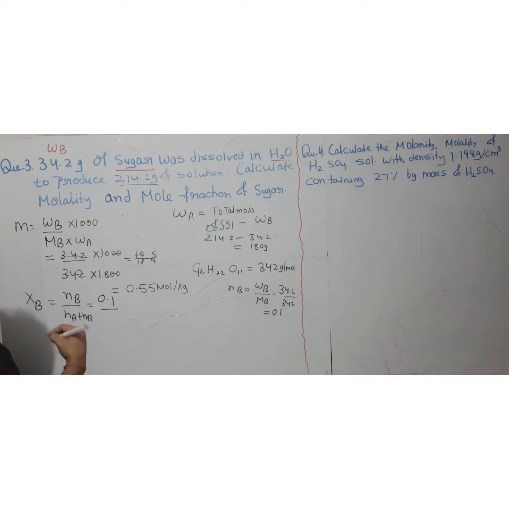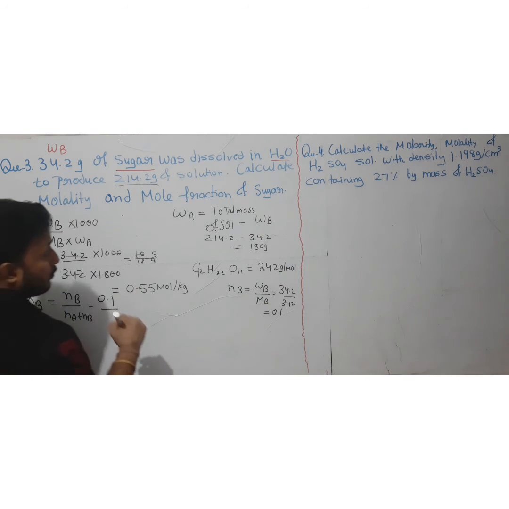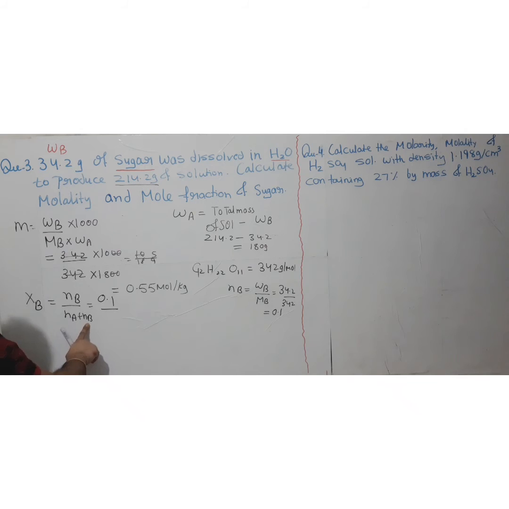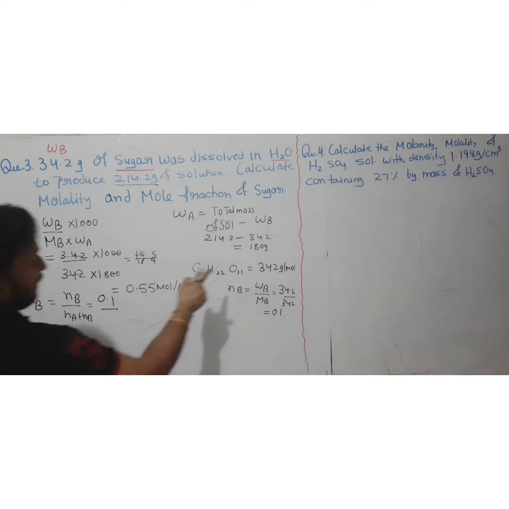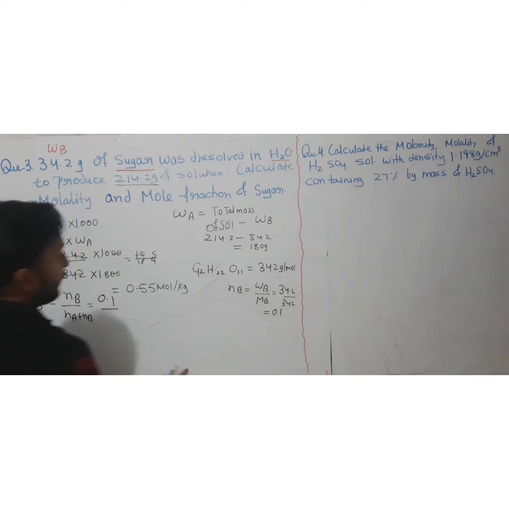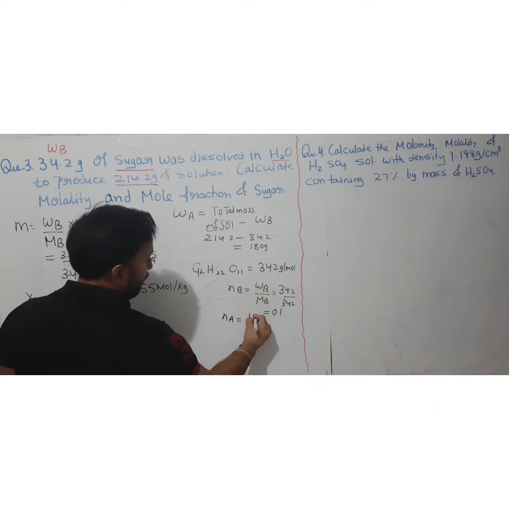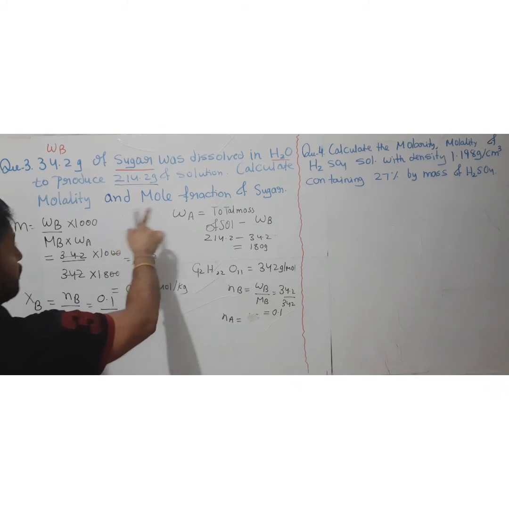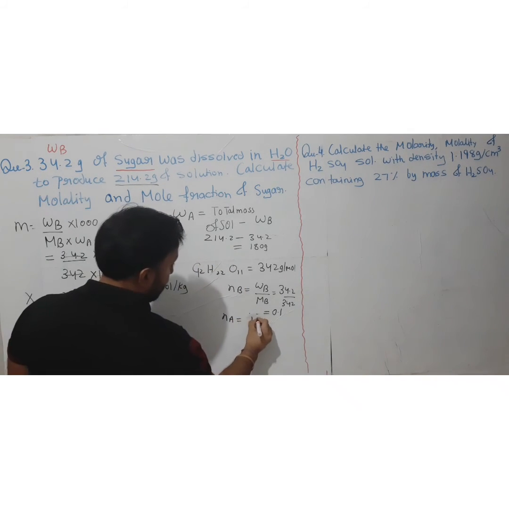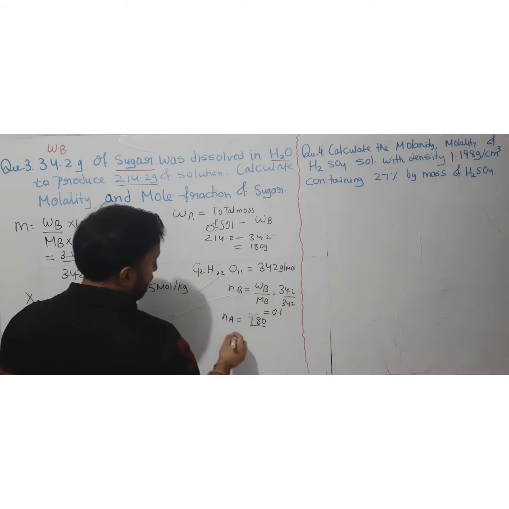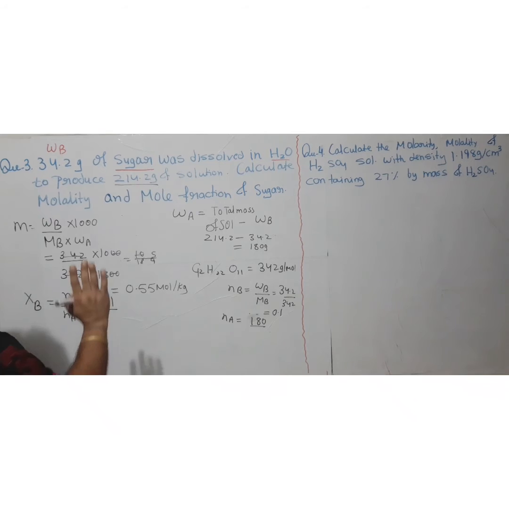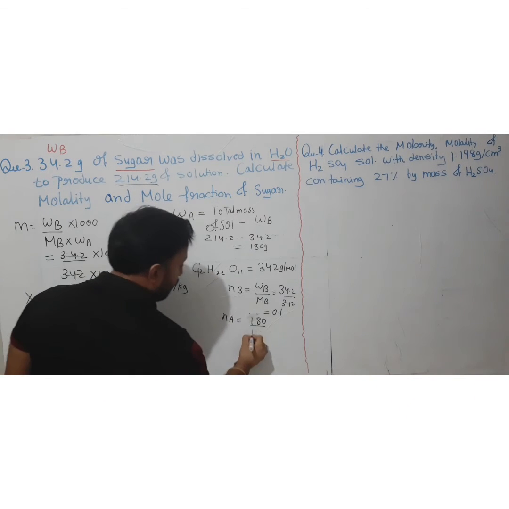Now the number of moles of solvent also you have to see. The mass of the solvent is given as 180, and the molar mass of the solvent, that is water, is going to be 18.